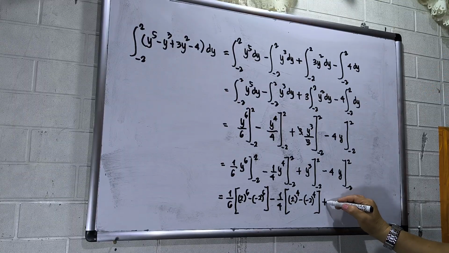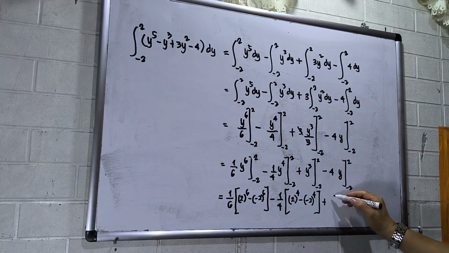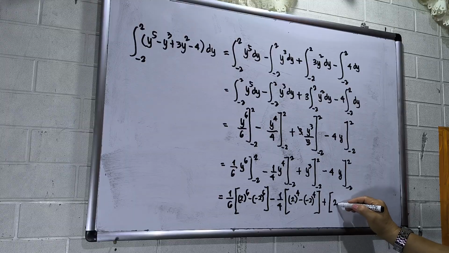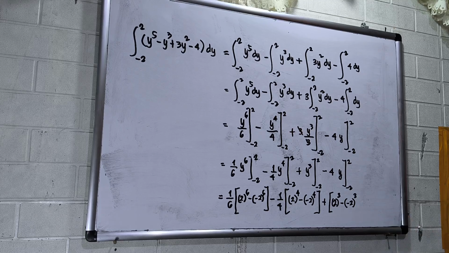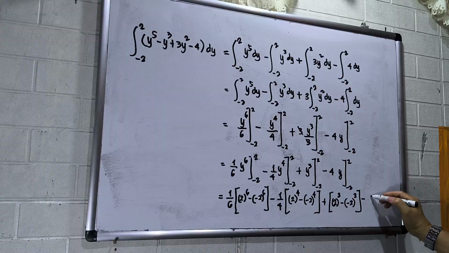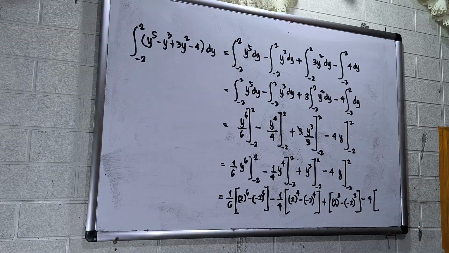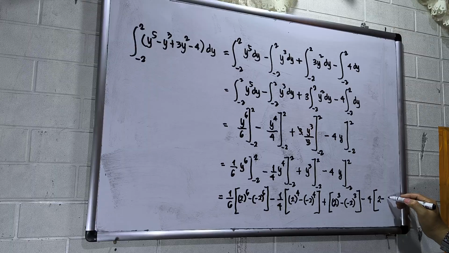Then plus y cubed, 2 to the 3rd power minus negative 2 to the 3rd power. Then minus 4, circle brackets, 2 minus negative 2.